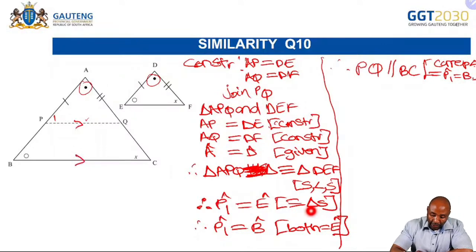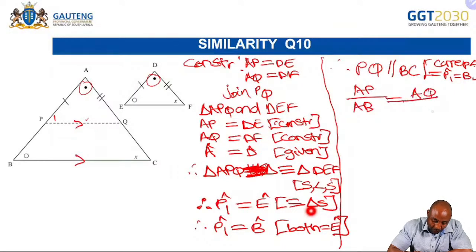And if PQ is parallel to BC, it will follow that AP over AB should be equal to AQ over AC. This is from the proportionality theorem. We can use prop theorem as a reason because we are saying PQ is parallel to BC.